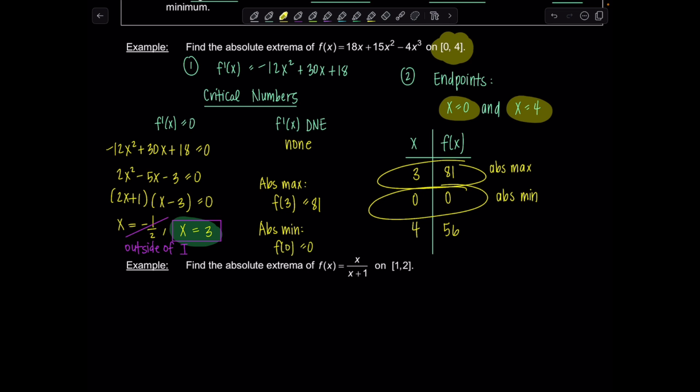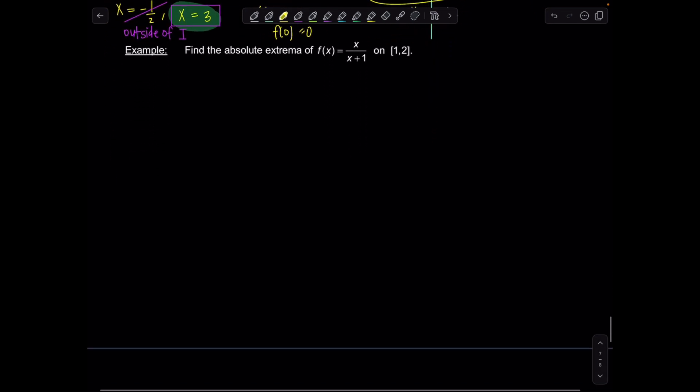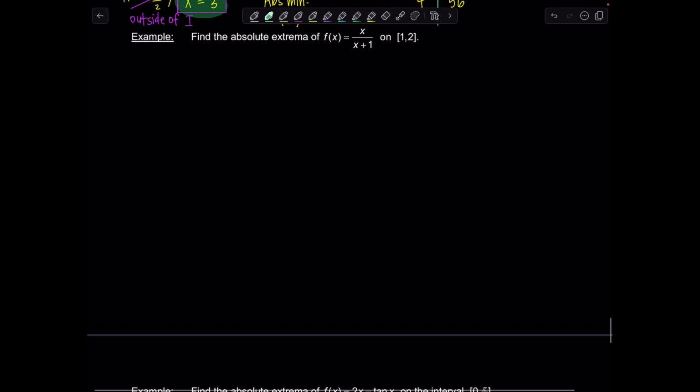Okay, cool. I have a couple more examples for you, believe it or not. Here we go. Find the absolute extrema of f of x equals x over x plus 1 on the interval from 1 to 2. So first thing we need to do, take the derivative. So f prime of x, it's quotient rule time again, yes? Yes.